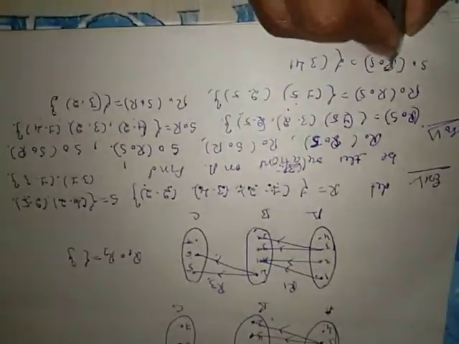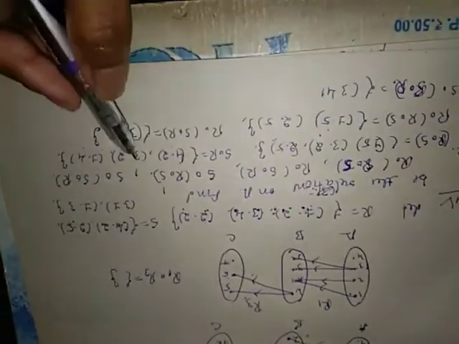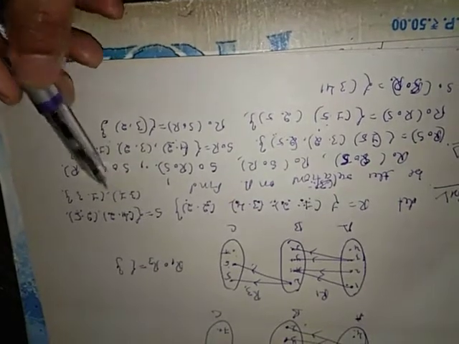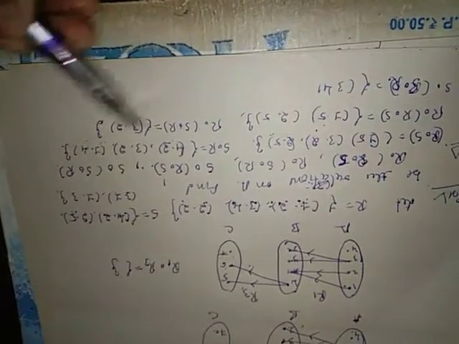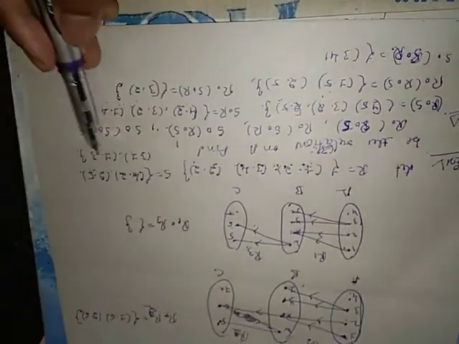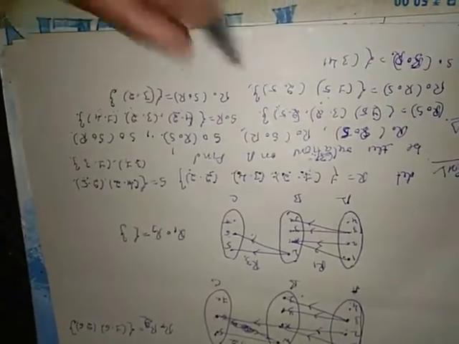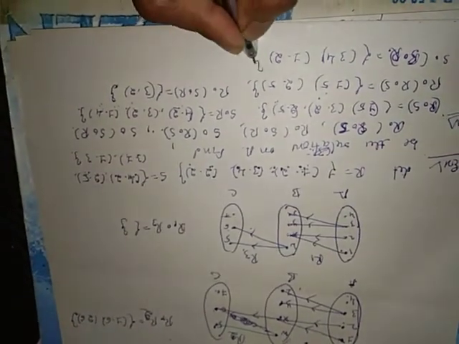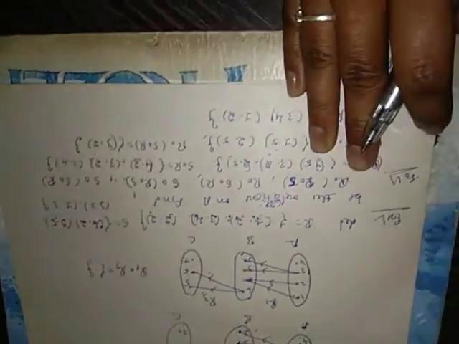Sorry, that is S∘R. Now (3,1), (1,4), (3,4) belongs here. (1,3), (3,2), so (1,2). That is S∘(S∘R).